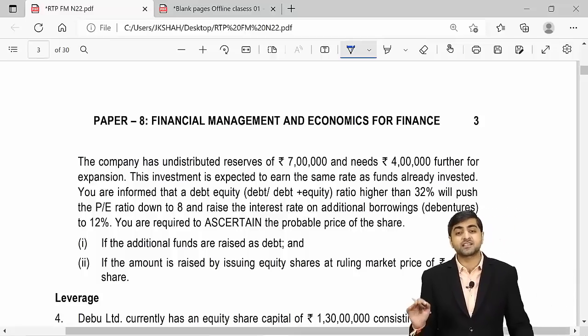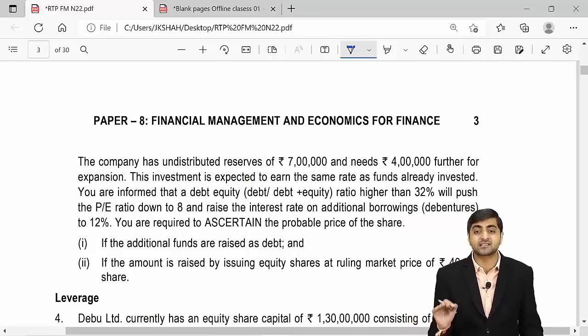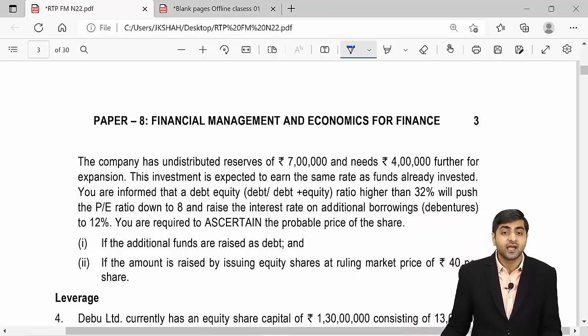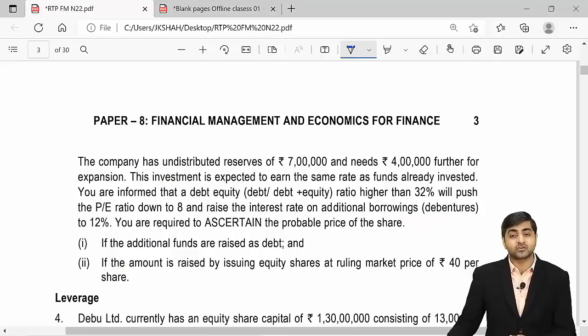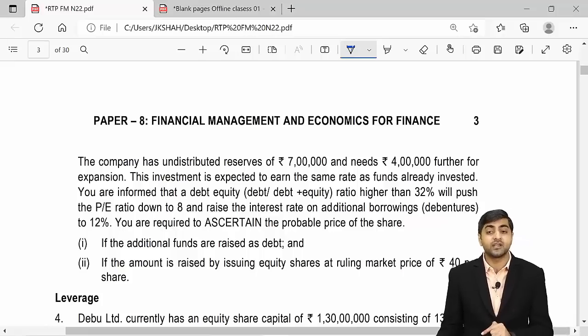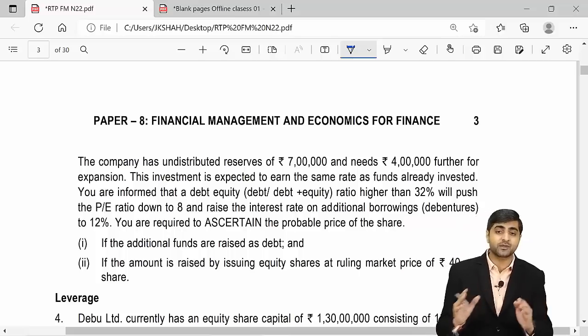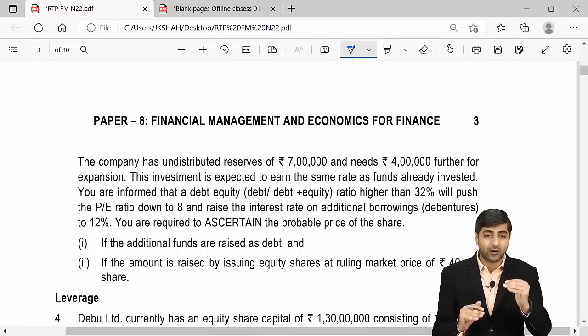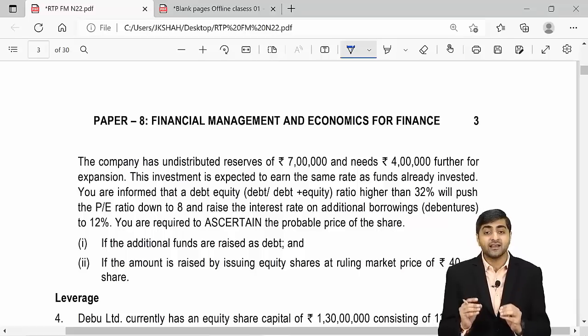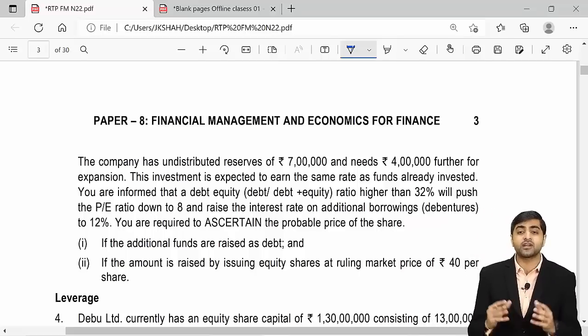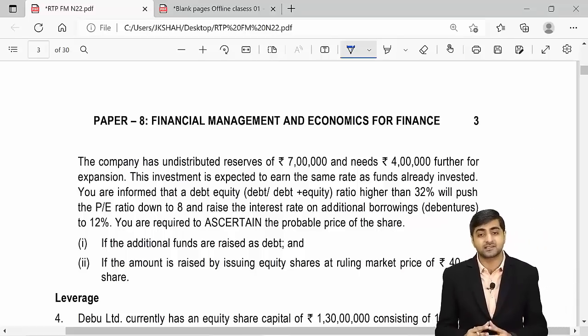And this investment is expected to earn the same rate as the funds already invested. And you are informed that a debt equity ratio, that is debt divided by debt plus equity, if it is higher than 32%, then it will push the PE ratio down to 8, and it will raise the interest rate on additional borrowings to 12%.